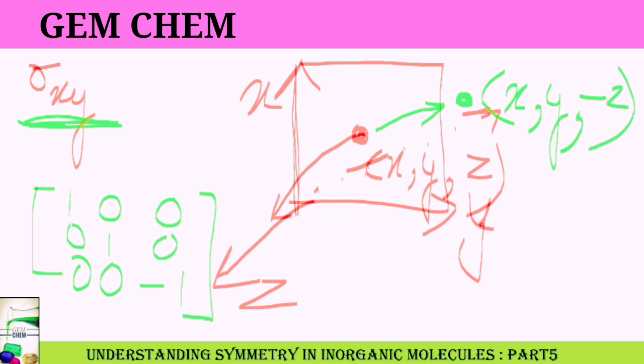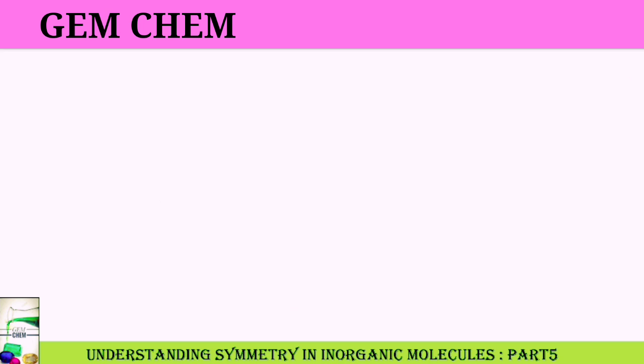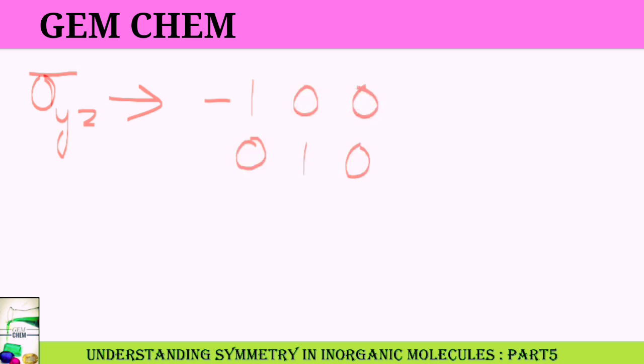So let us quickly write the matrix of sigma yz directly. So the matrix for sigma yz will be y and z will remain constant and your x will change. So this will be -1, 0, 0, 0, 1, 0, 0, 0, 1.